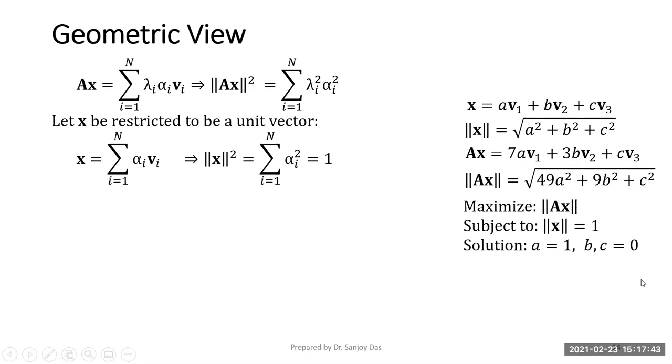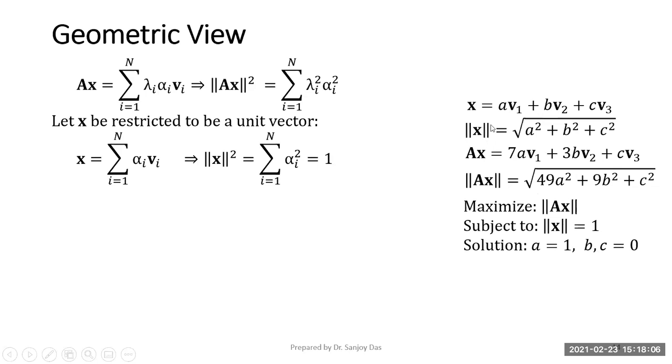I want to maximize the length of Ax subject to this, the length of X equals 1. So I want to maximize the length of Ax. What do I do? Under this constraint, the length of X equals 1. How do I do that?